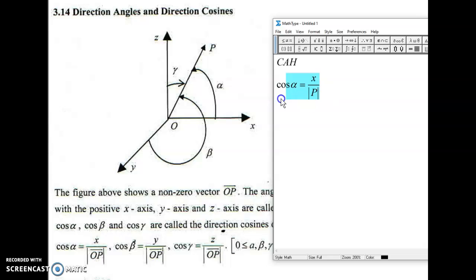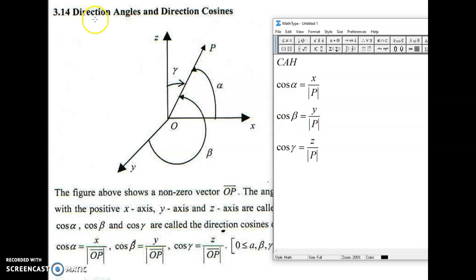The same applies if you want to find the direction angle for beta: you are going to use the information of y as the adjacent, and for gamma you are going to use the information of z as the adjacent.